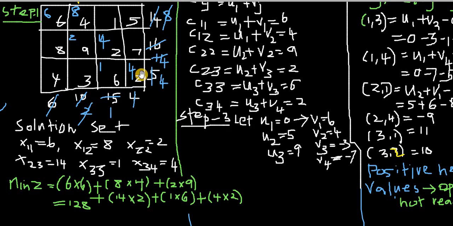Last one, 4 into 2, gives you the total transportation cost from here to there. If you multiply and add, at last what we are getting is 128 rupees. So the total transportation cost is 128. Okay, that's what we are getting here.